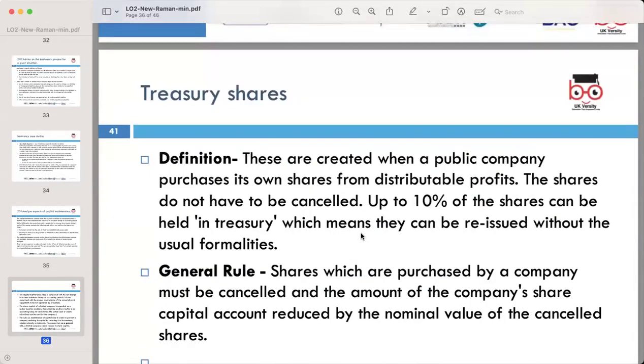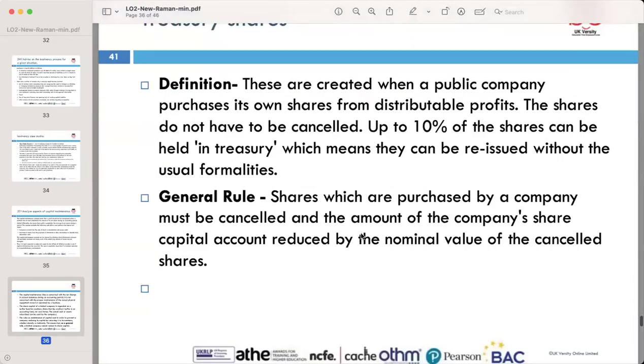Some additional information: treasury shares, definition and general rules. Treasury shares are created when a public company repurchases its own shares, which don't necessarily have to be cancelled. The company can hold up to 10% of the shares in treasury, facilitating reissuance without the usual formalities, while the general rule is to cancel purchased shares and reduce the share capital account.